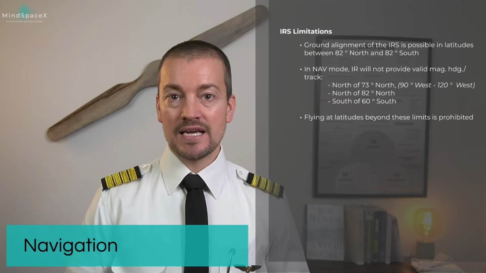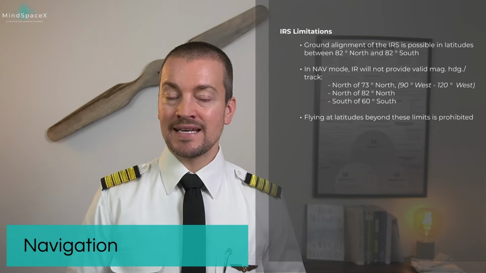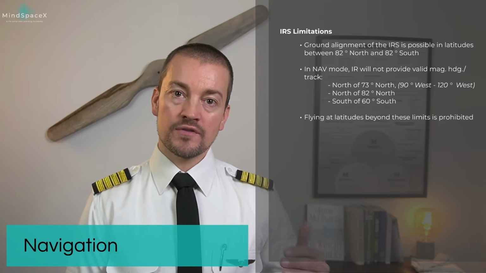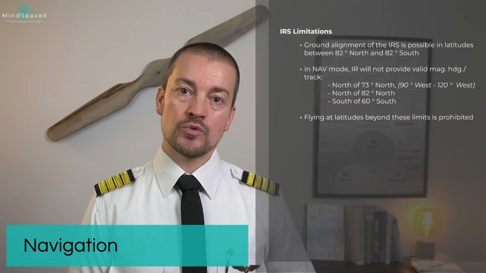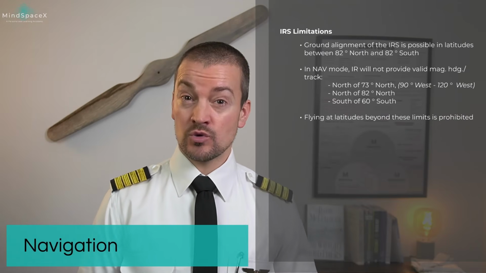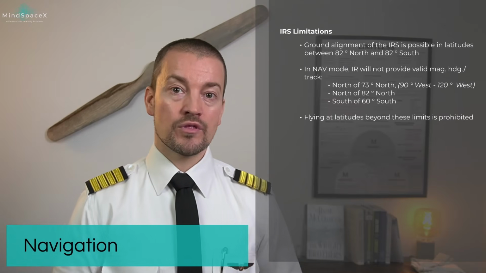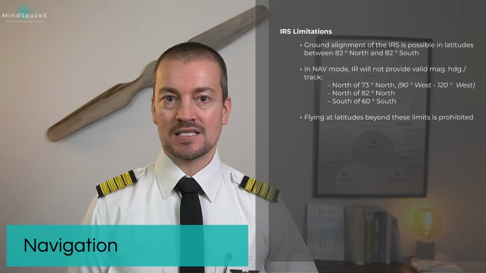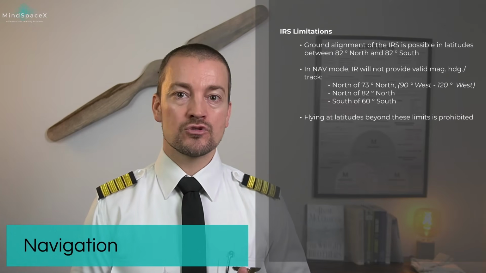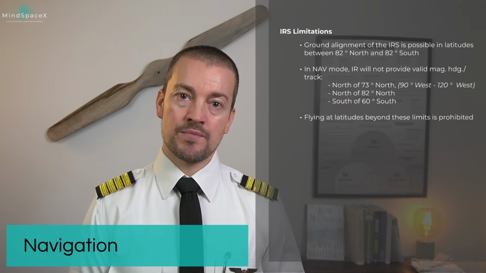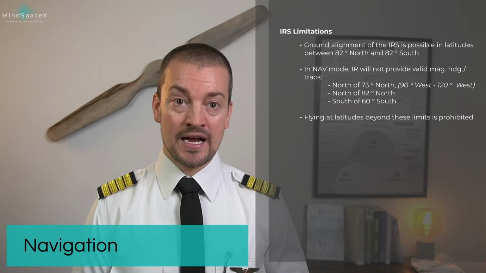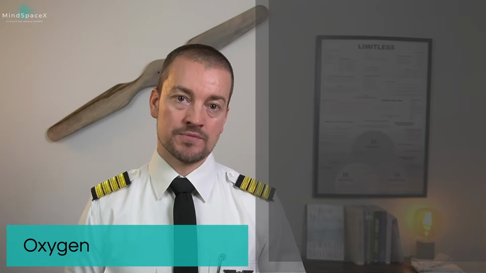In nav mode, the IR will not provide valid magnetic heading and track north of 70 degrees north, between 90 degrees west and 120 degrees west, north of 82 degrees north, and south of 60 degrees south. Flying at latitudes beyond these is prohibited with the use of the IRS for navigation.